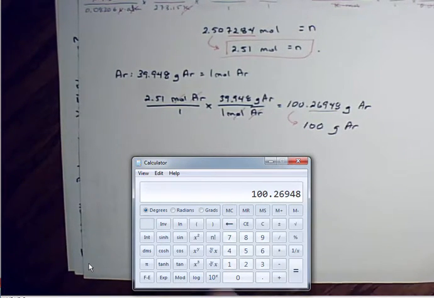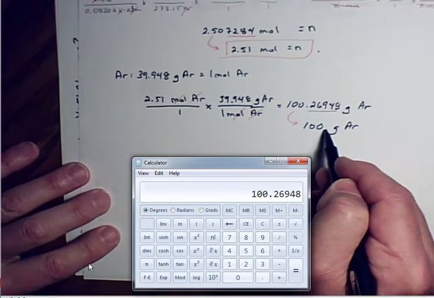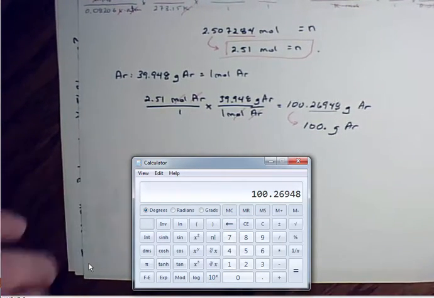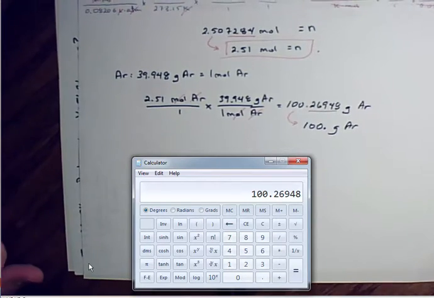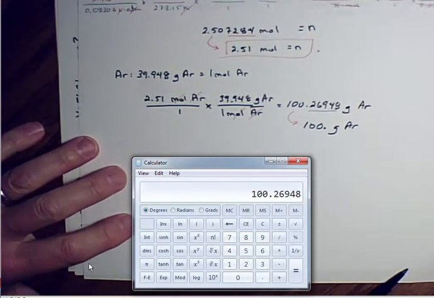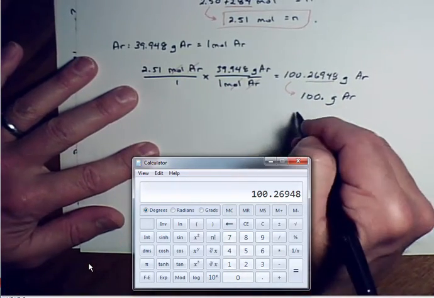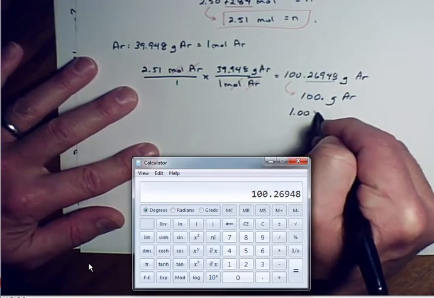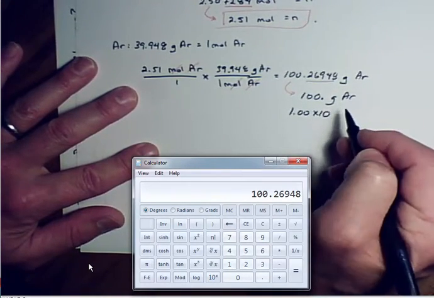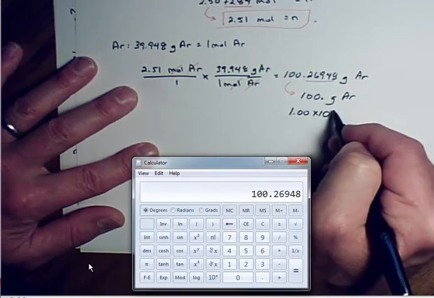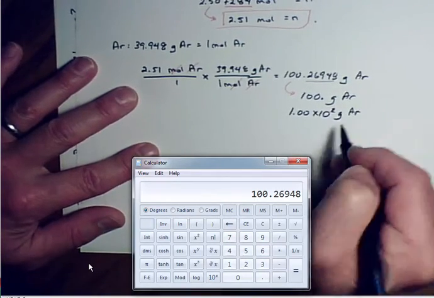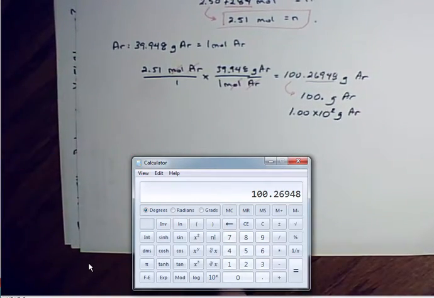All right, good. The easy way, now this is what Carolyn was saying, put a decimal place right there. Now I'm showing all 3 digits being significant. The alternate way to do that, and it's perfectly okay to do it either way, is to say 1.00 times 10 to the second power grams of argon. Either one of those 2 answers would be reasonable.